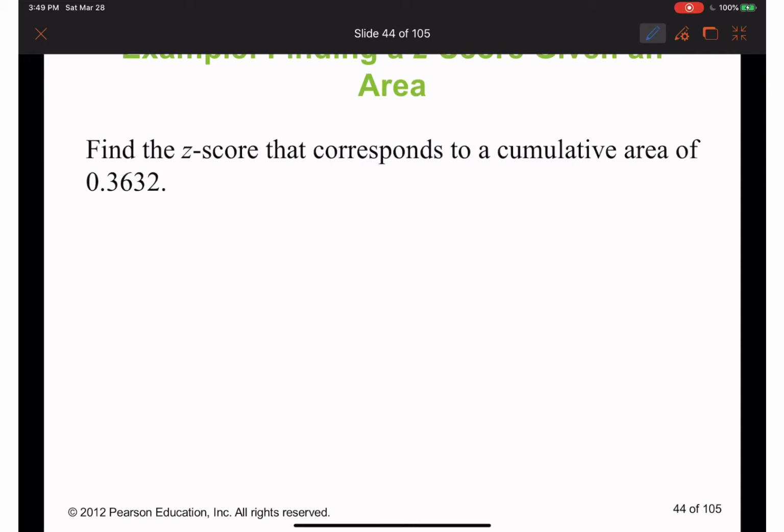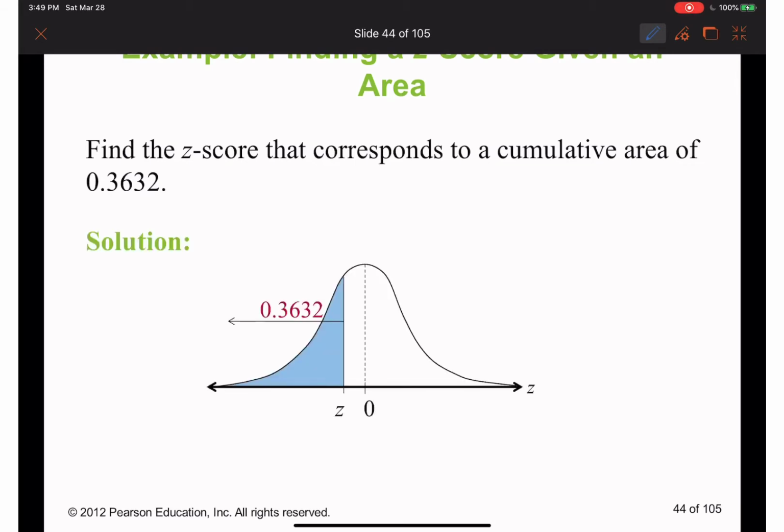Find the z-score that corresponds to a cumulative area of 0.3632. Find it, please, and then I'll open the solution. Here it is, 0.3632. You need to find in the table where your 0.3632 is, and you have to figure out where to look, positive z-score or negative.